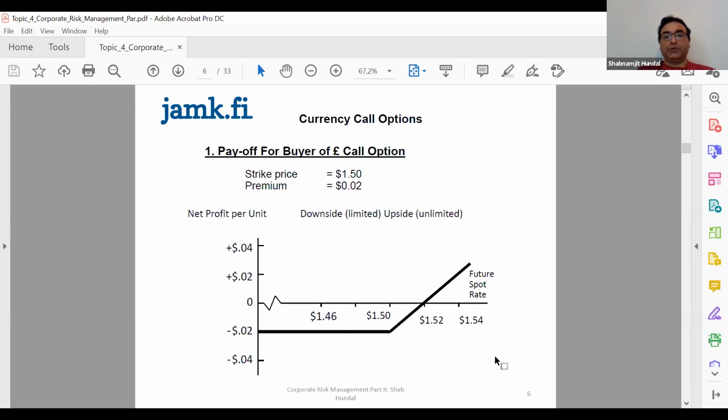Similarly, in futures, you can't walk out. You buy something, you have to sell it. You sell something, you have to buy it. The only flexibility in futures is that you don't have to wait till the end of the period, but that also has some kind of compulsion element. Whereas here, you have no obligation at all, only rights.